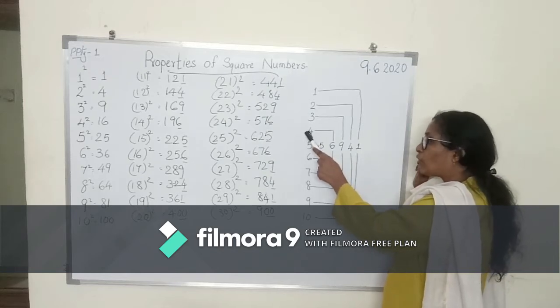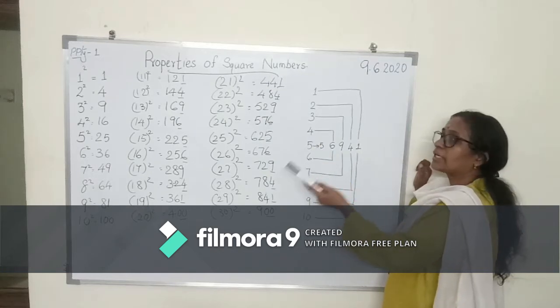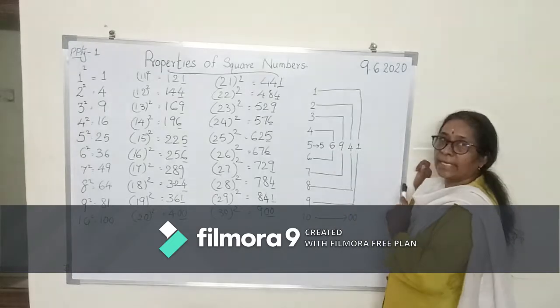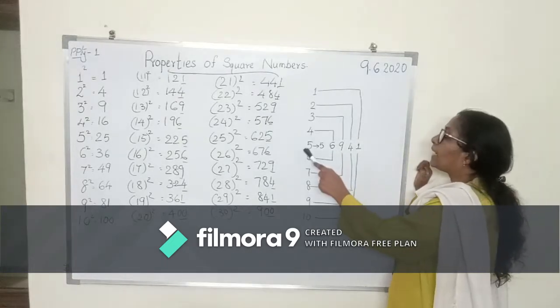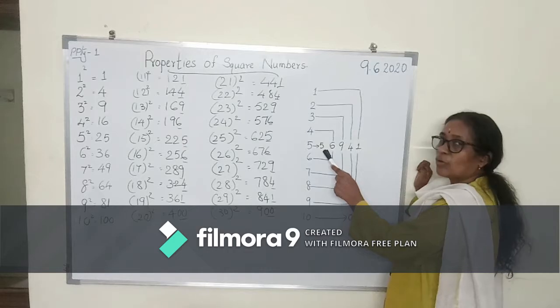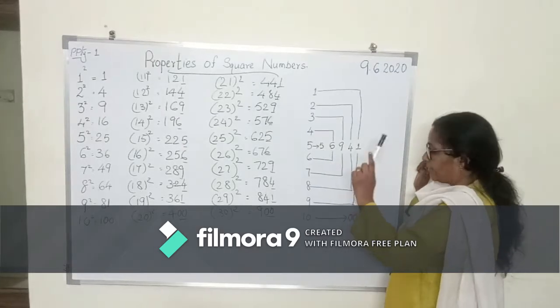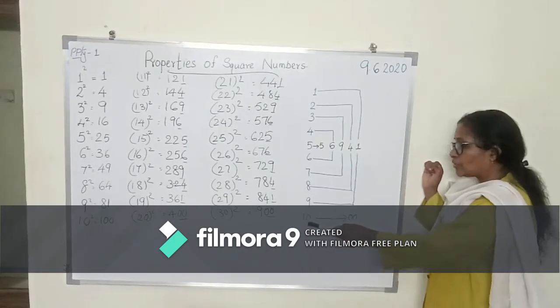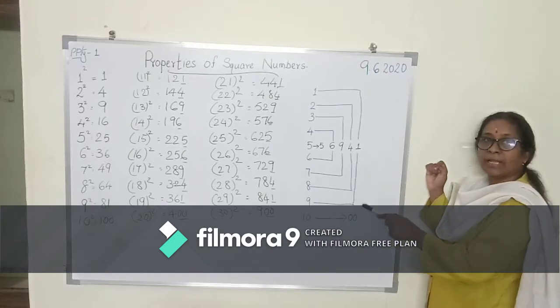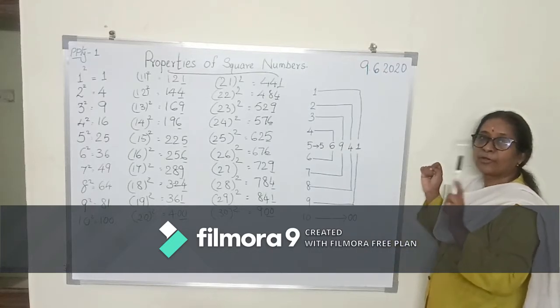If a number has 4 or 6 in the unit place, their square will have 6 in their unit place. And if it has a 5, then the square also will have 5. And if any number ends with 0, then its square will have 2 zeros, or a pair of zeros.